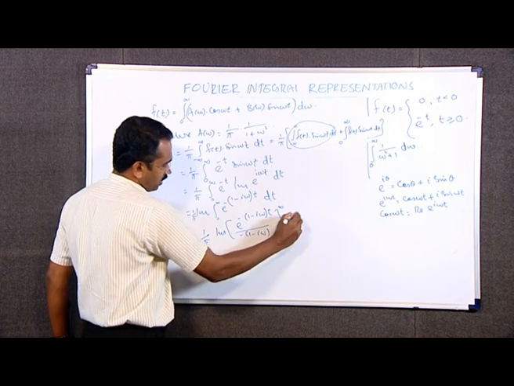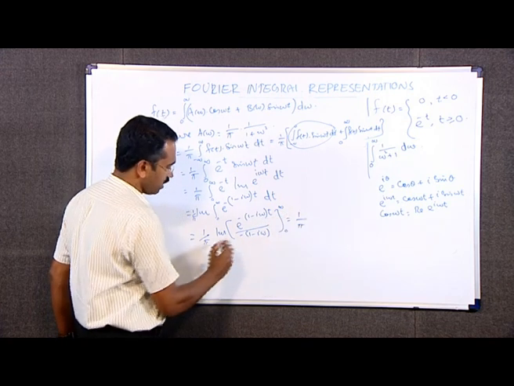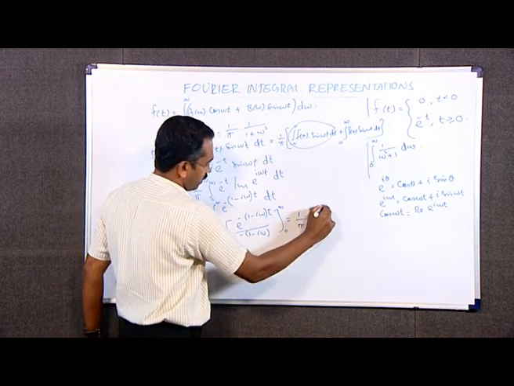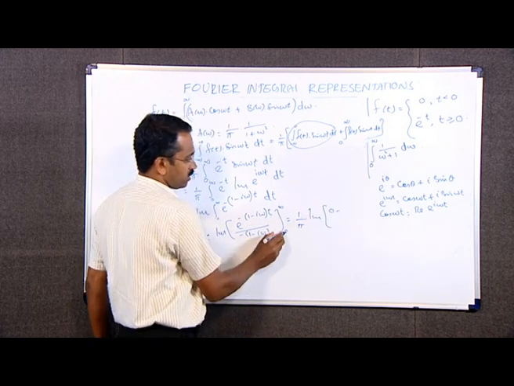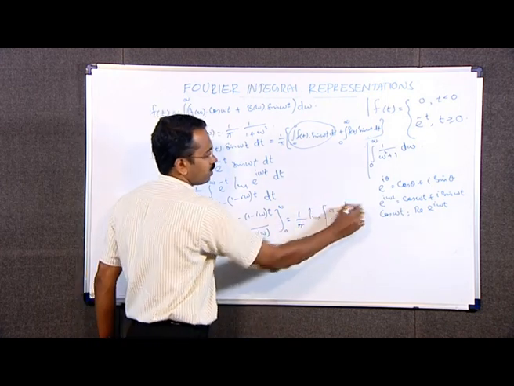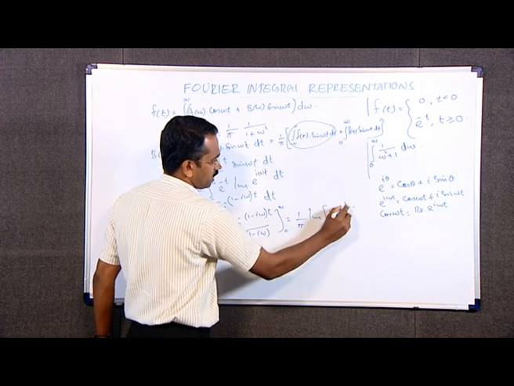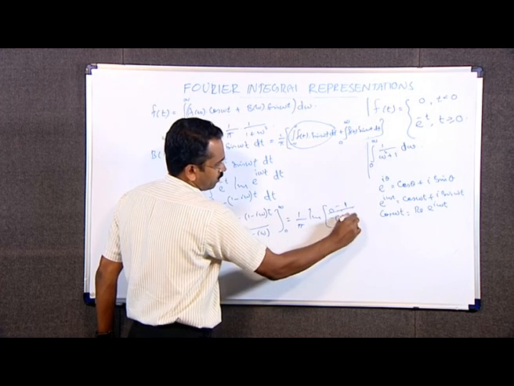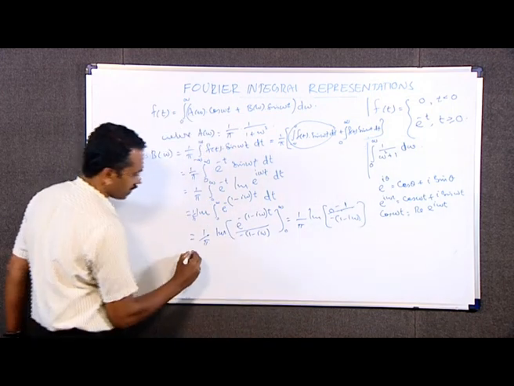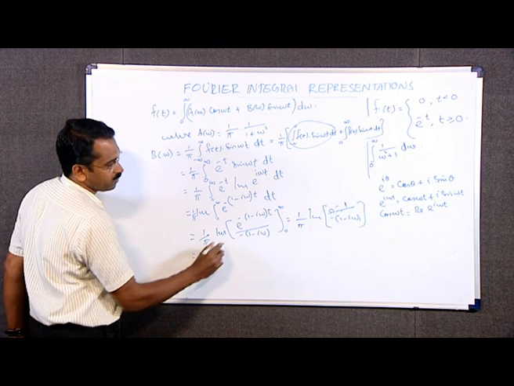When we apply the lower limit, we get 1 by pi into imaginary part of 0 minus, when t equal to 0, 1 divided by negative of 1 minus i omega.